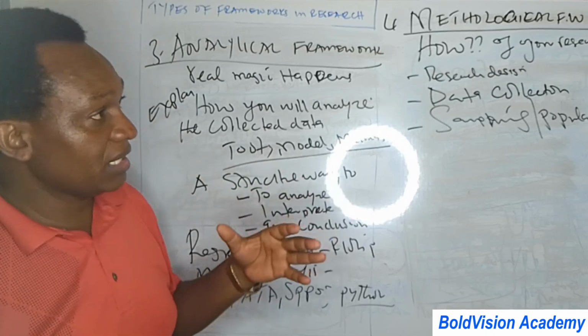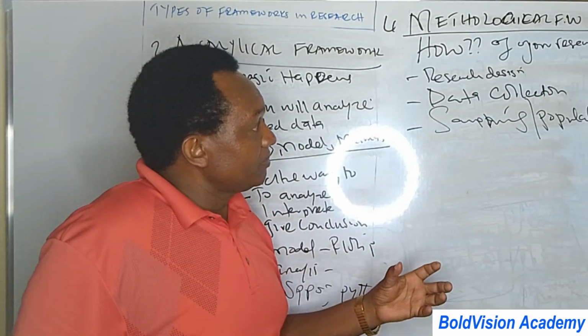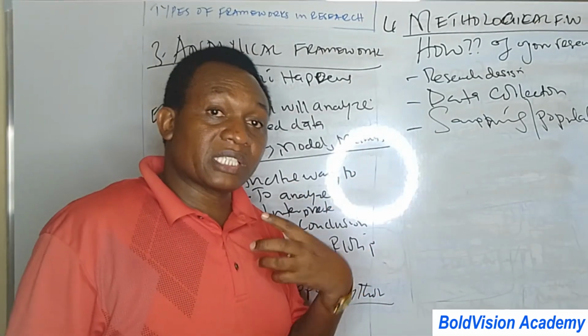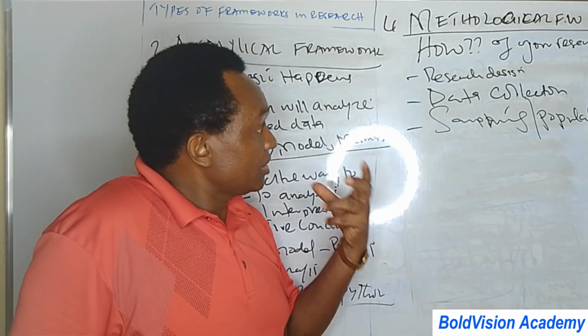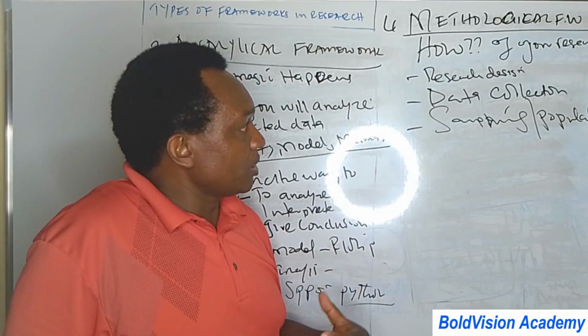You have to select the correct research design depending on the data. Maybe very soon I will release a video on how you can select the best research design that can help you analyze your data well.